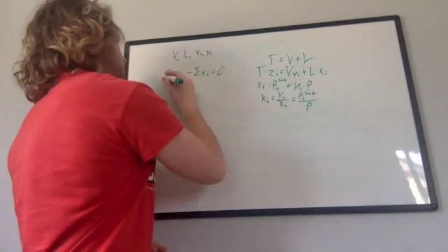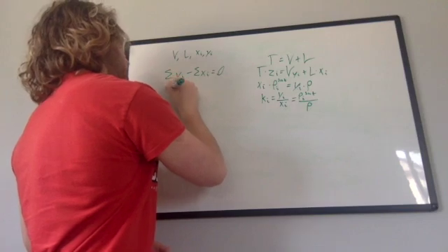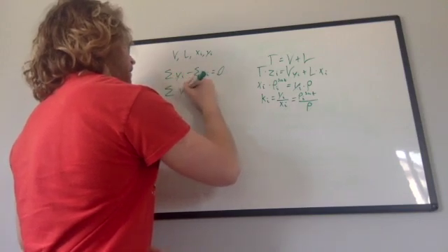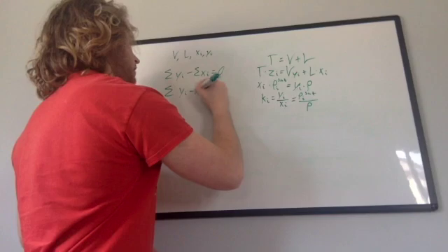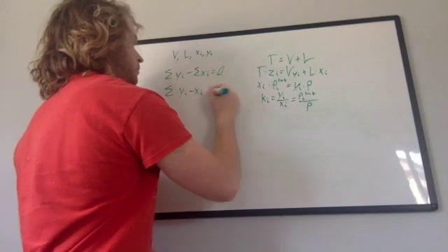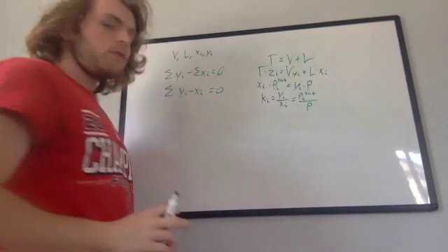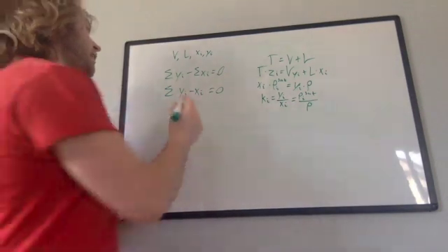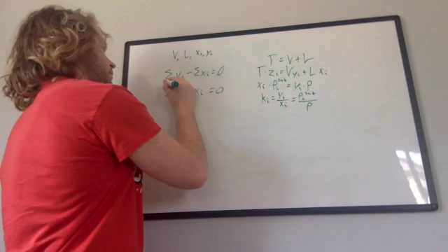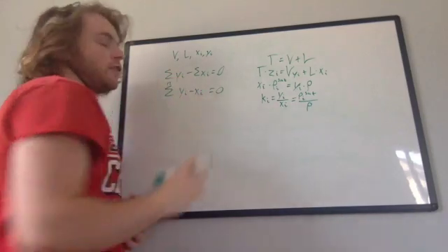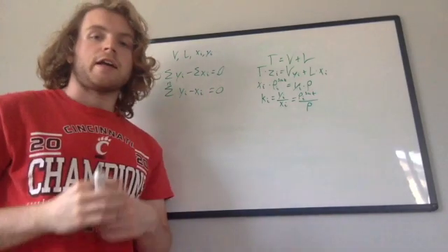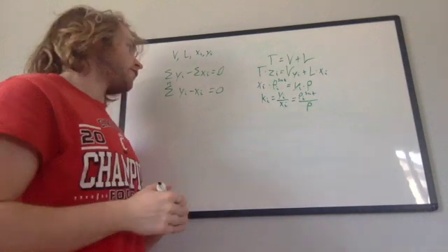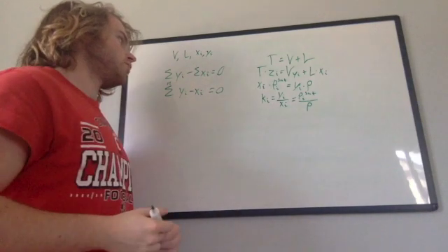Basically, we can now write this under one sum. The sum of yi minus xi is equal to 0, right? And we could do this for any number of components within the mixture. We don't have to just do it for this binary mixture, which is what we're doing in this case, but we could have a mixture with as many components as we wanted.